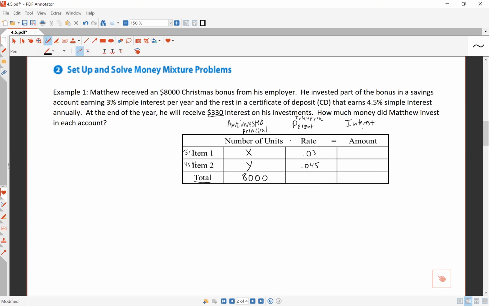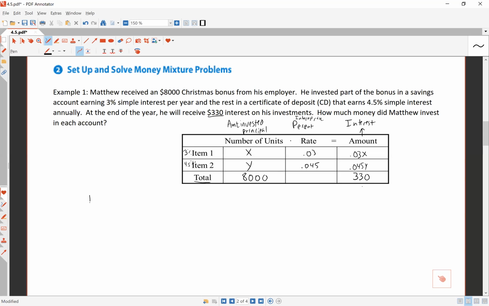Total interest earned is $330. Now we fill in the amount of interest at the 3% rate by taking 0.03 times X. At 4.5% is 0.045 times Y.